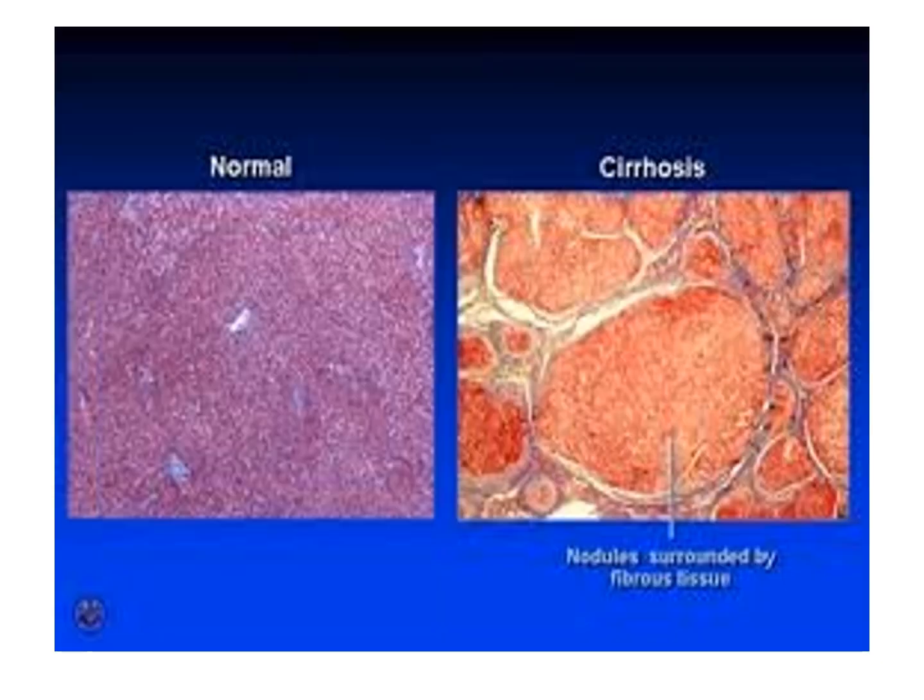Here we have on the left side a normal picture of liver parenchyma, its normal histology. And in the histology of the liver, we know that the liver consists of lobules with a central vein in the center and portal vein and hepatic artery in the periphery of each lobule. On the right side, this is a picture of a cirrhotic liver.